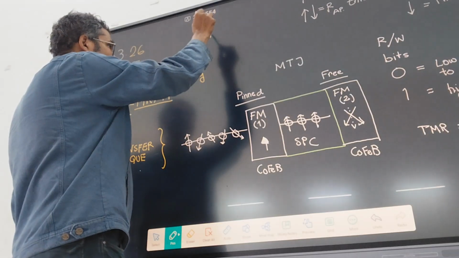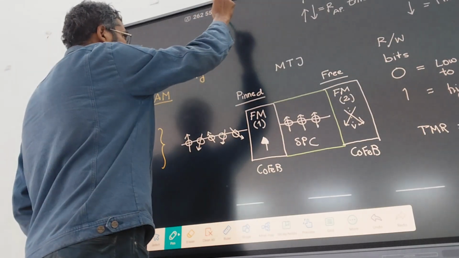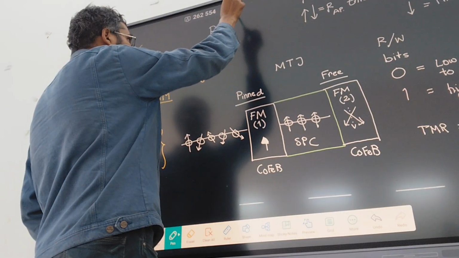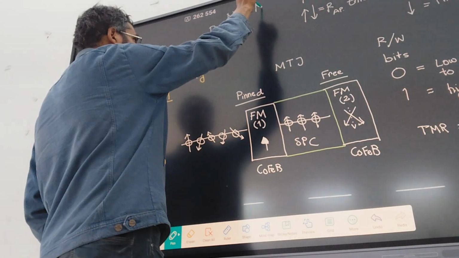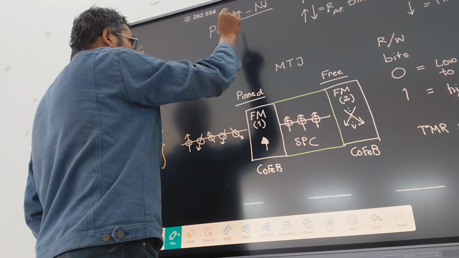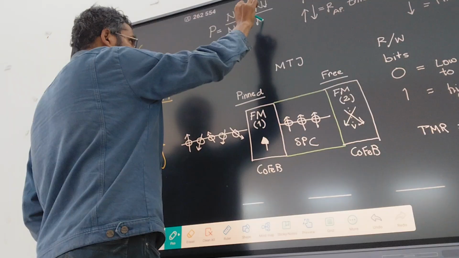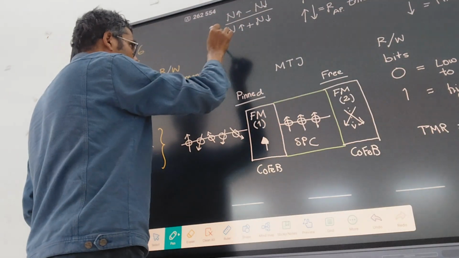What is P? Number of electrons in up direction minus number in down direction, divided by number of electrons in up direction plus number of electrons in down direction. This is the polarization.